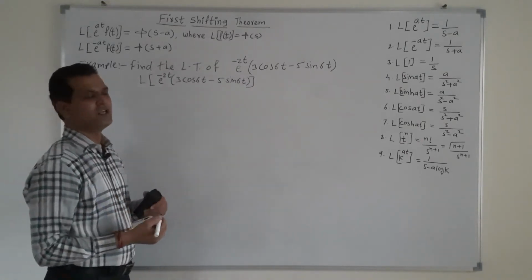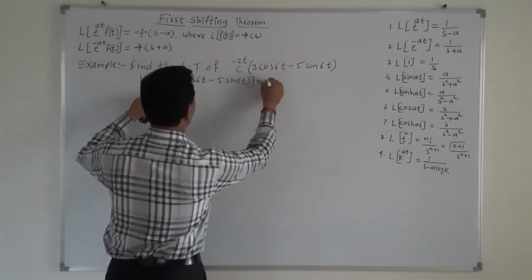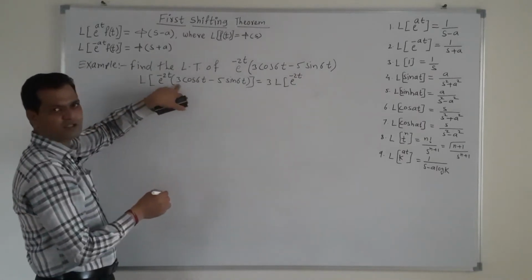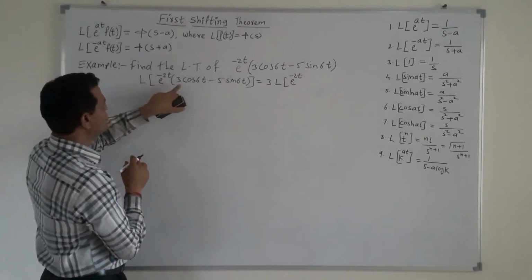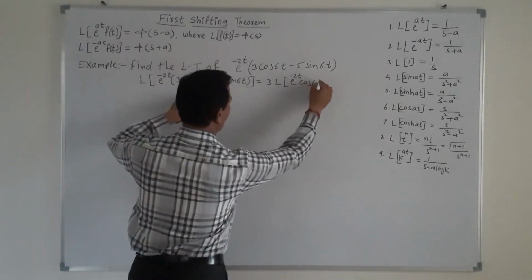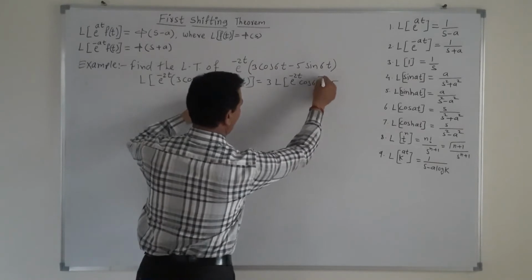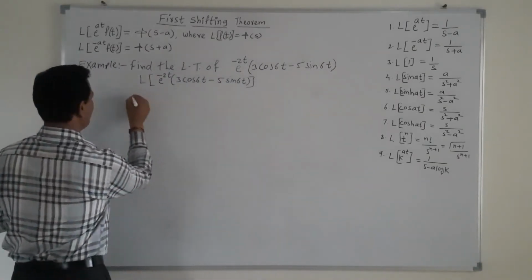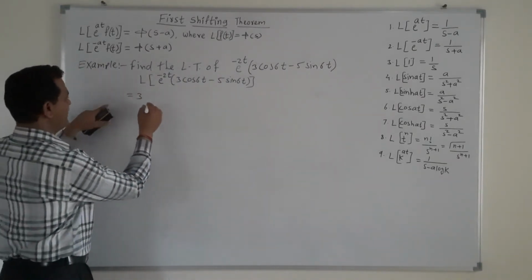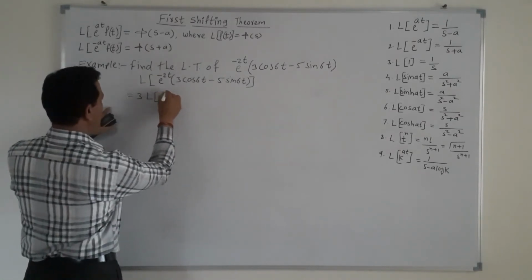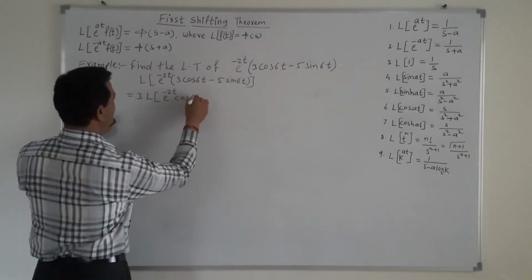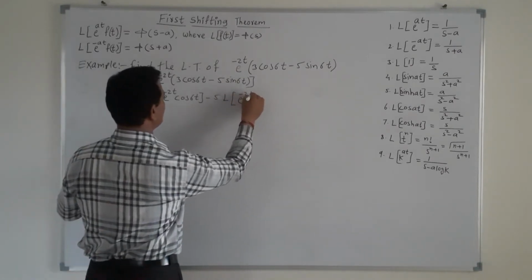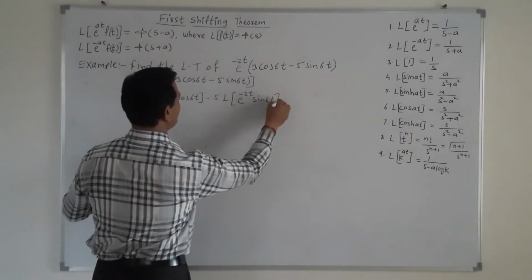According to the linear property of the Laplace transformation, we may write this as 3, a constant taken outside, times the Laplace transformation of e raised to minus 2t into cos of 6t, minus 5 into the Laplace transformation of e raised to minus 2t into sine of 6t.